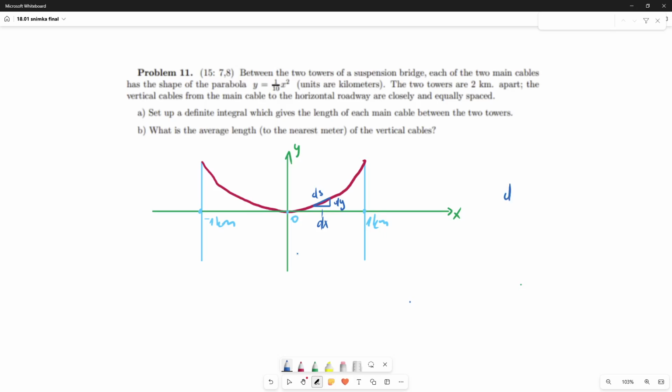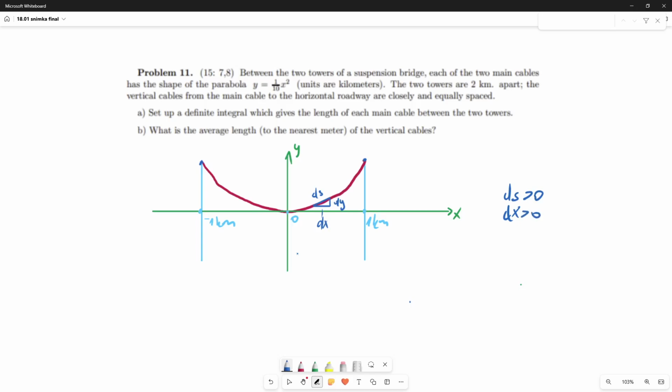We know that both dx and ds are greater than 0. We set it up this way, so that we move from the left to the right, from this leftmost point over here to this rightmost point over here. We move along the cable and we move along the x-axis.